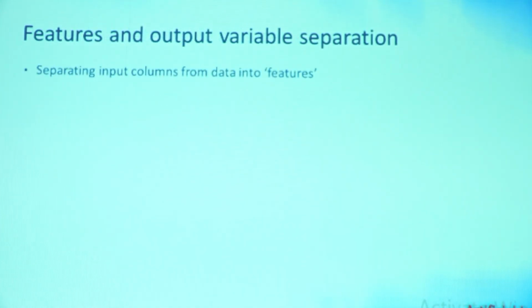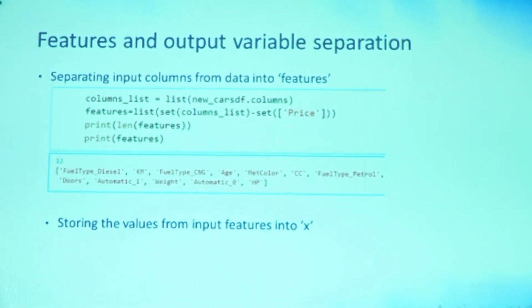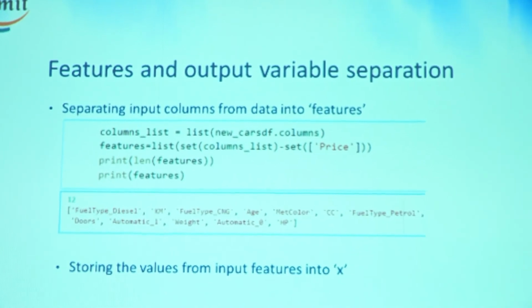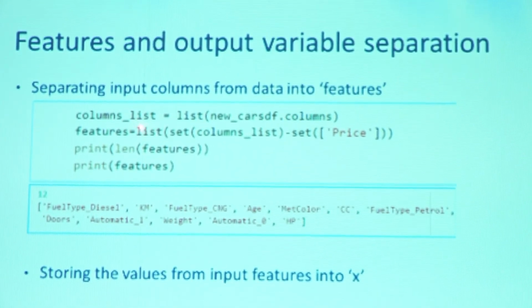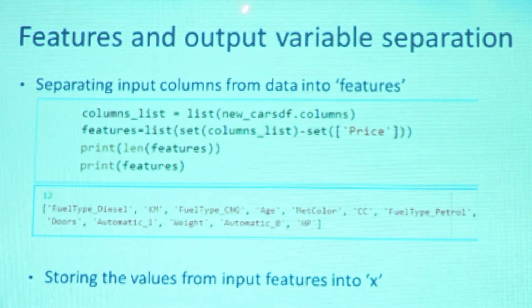Okay, so now how do I do that? Separating input columns from the data. So I separated the column list. What did I do, guys, here? From the entire data set, you will just remove price, because price is something you want to target on, which should be your output variable, and then create features out of it.